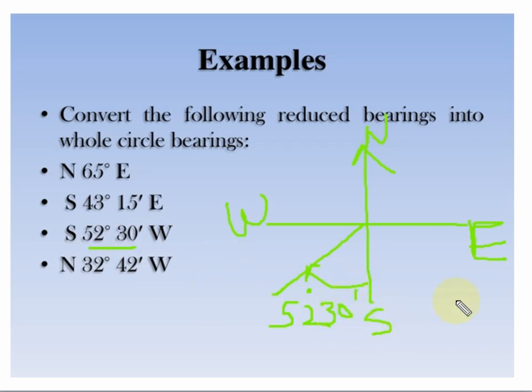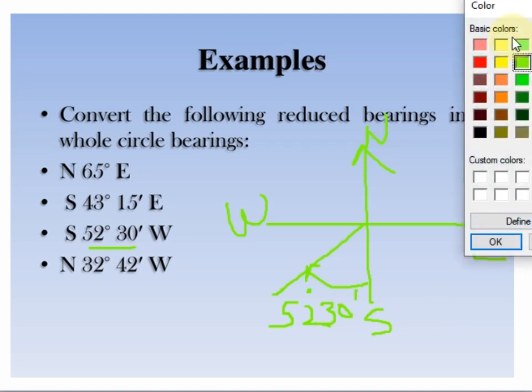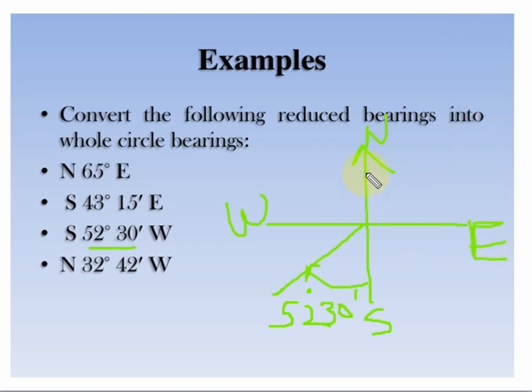So what is your whole circle bearing? As we know, the whole circle bearing is measured from the north to that survey line. So how can you calculate it?